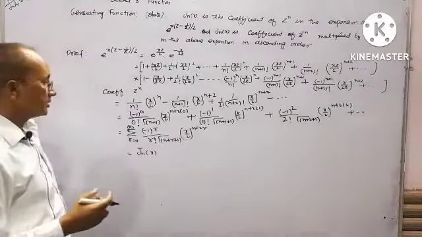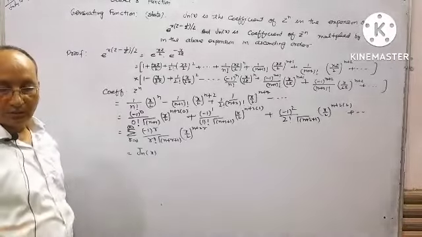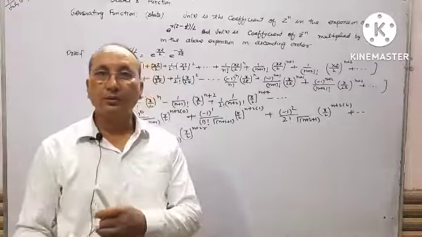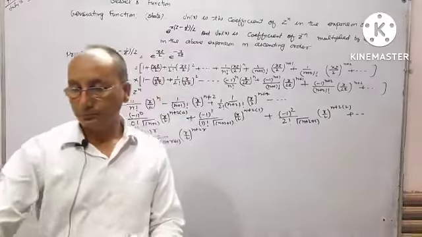This is the formula of Jn(x). And after it, similarly, we take the coefficient of z to the power minus n.